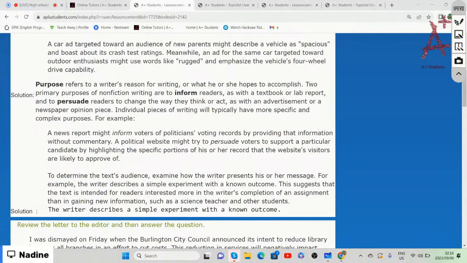It is to inform the readers as well as to persuade them. And that is why we also have persuasive writing, because they want the readers to change the way that they think or act. And that is why, like we say, there are morals to every story.